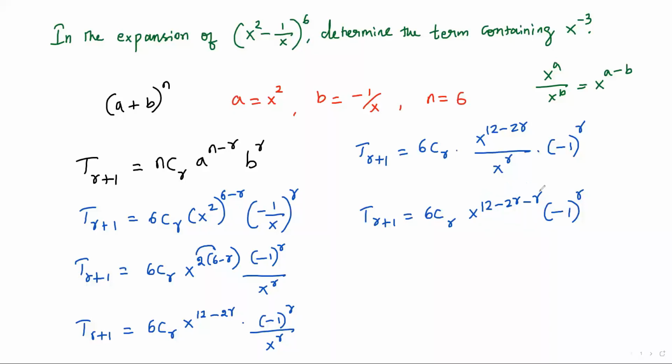That means the value of the expression 12 minus 2r minus r must be negative 3. So we can equate this expression to negative 3 and solve for r. That is 12 minus 2r minus r is equal to negative 3. Combining negative 2r and negative r, we get 12 minus 3r is equal to negative 3.